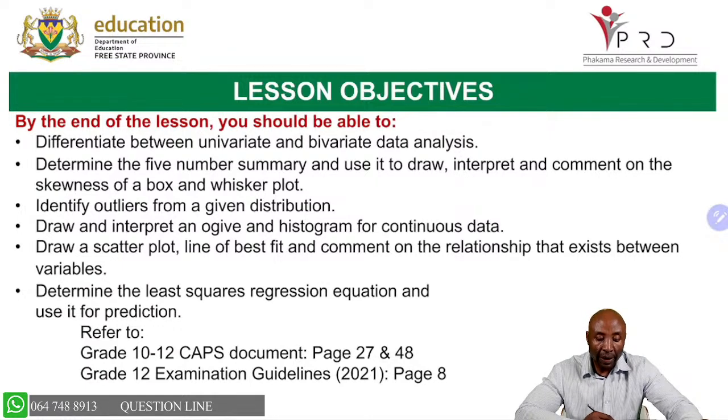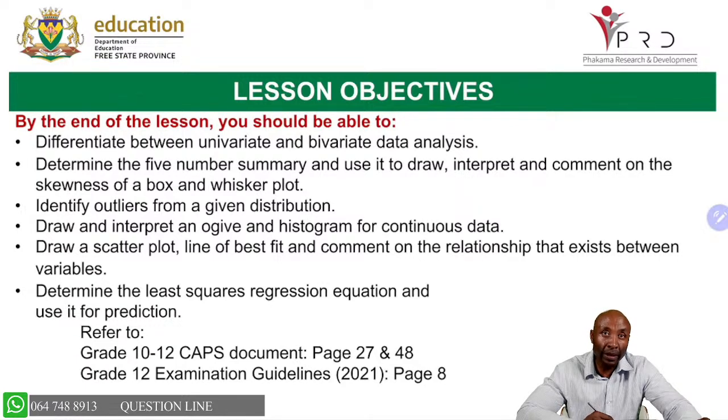We have to identify outliers from a given data distribution. We have to draw and interpret an ogive and a histogram for continuous data. We draw a scatter plot, a line of best fit, and comment on the relationship that exists between the two data variables. By univariate, we are saying one variable statistics.